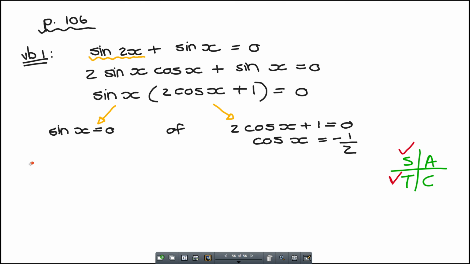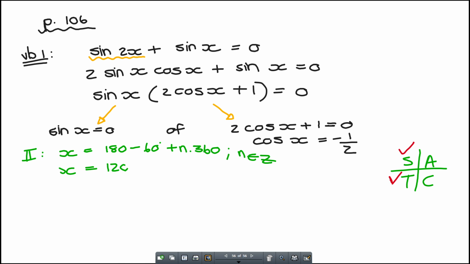Gaan ek nou sê, x is equal to, cos is mos nou 60. Nou ek weer crappy gaan staan en skryf, sorry, ek gaan skuin staan. So x will be 120 n times 360.